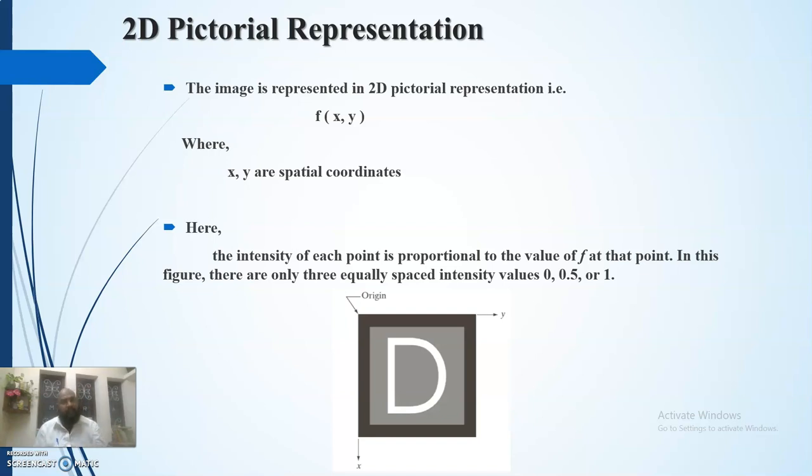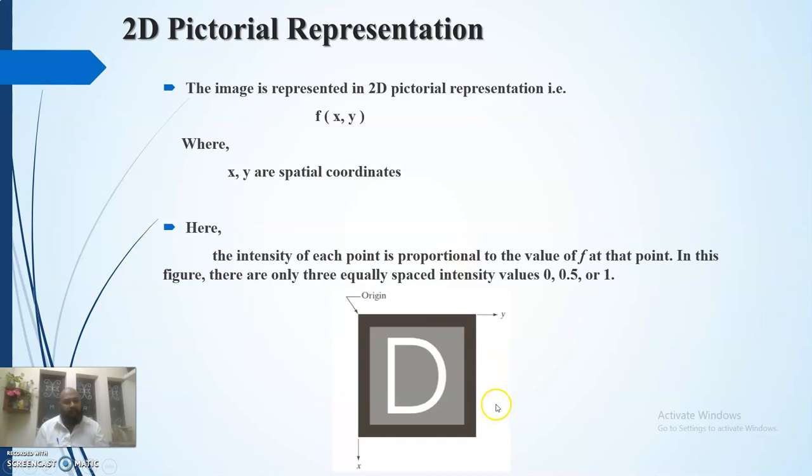Then here we will have a constant intensity, that is three equally spaced intensity values, that is 0, 0.5 and 1. So this is another way of representation, that is 2D pictorial representation.